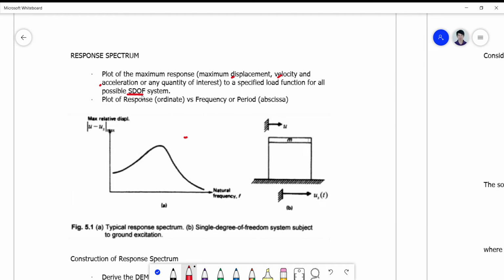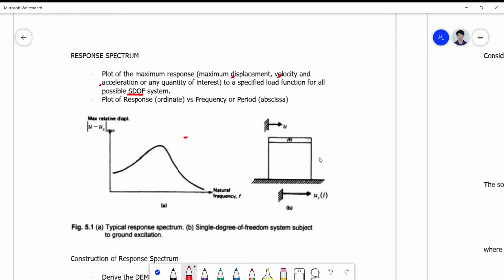So it can also be defined as a simple plot of the response versus frequency or period as your ordinate and abscissa respectively. Okay, so in figure 5.1 you have here an example of a response spectrum for a single degree of freedom subjected to a ground excitation.